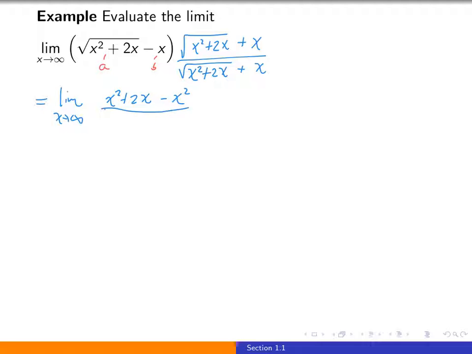And in the bottom, we're going to have the conjugate expression from above. And this is working out wonderfully because the x squared over x squared has canceled. And now note that if we look at what remains, 2x divided by the square root of x squared plus 2x plus x, this is very similar to the previous example.